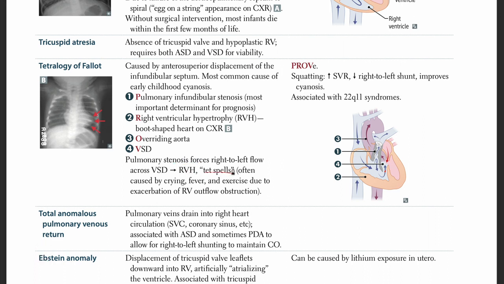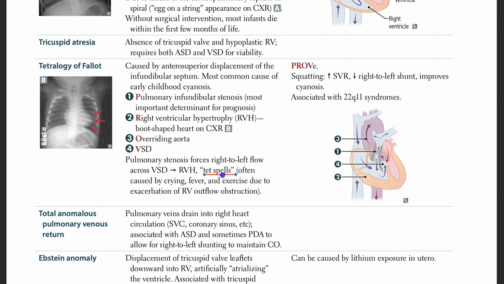Tet spells. This is important because they will describe what tet spells is, and they won't tell you that it's tet spells. It's often caused by crying, fever, and exercise due to exacerbation of RV outflow obstruction. Okay, so that's what causes tet spells.